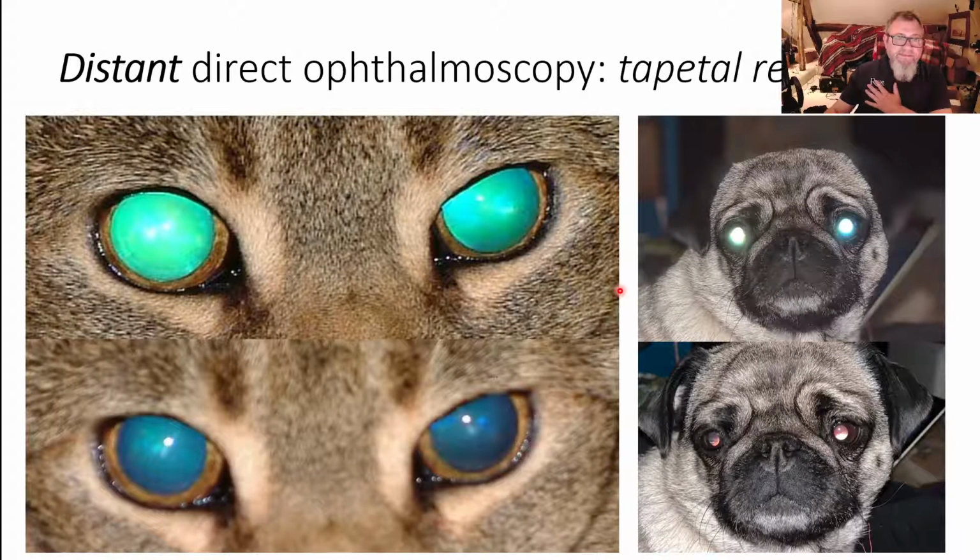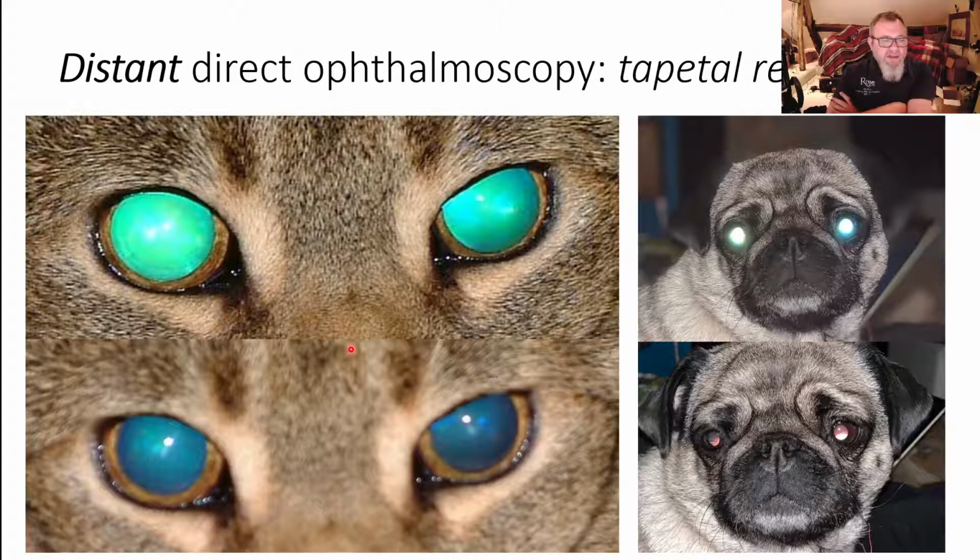The tapetal reflection is very important, and we're using that particularly during the distant direct technique, and it's important to realise it will change depending on the direction of gaze. This little puss cat on the left hand side is an Abyssinian. Abyssinians sadly get an inherited form of progressive retinal atrophy, and this cat's got that disease.